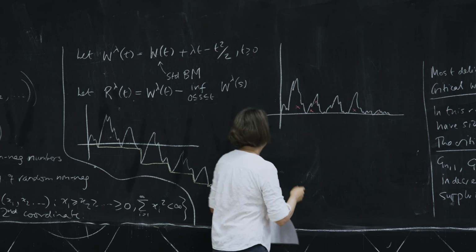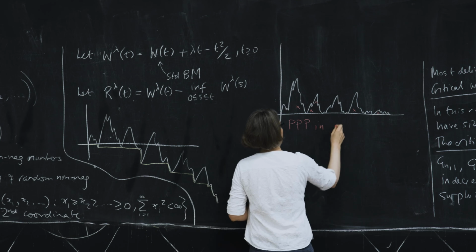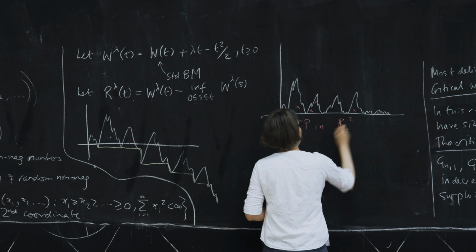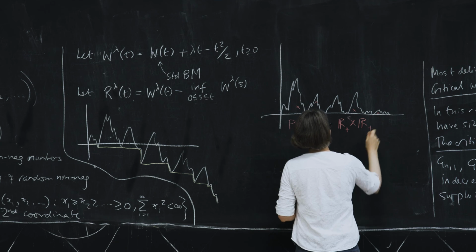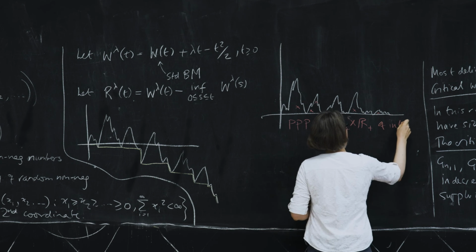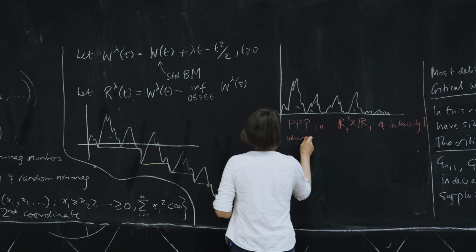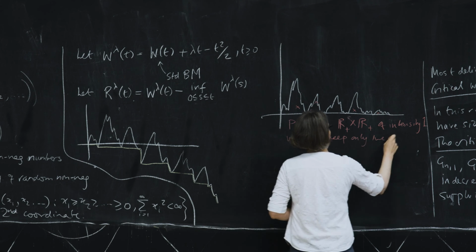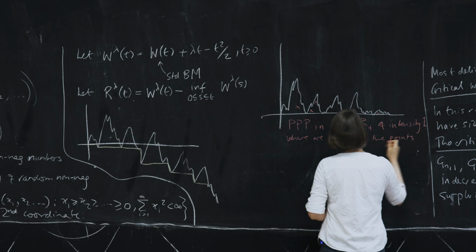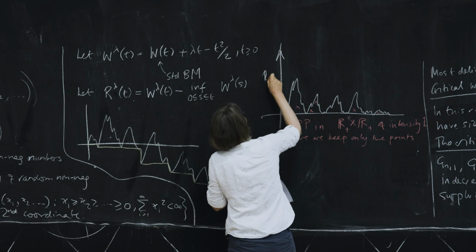So this is going to be a Poisson point process in R plus cross R plus, of intensity 1, where we keep only the points which fall below this process. So this is R lambda of t.